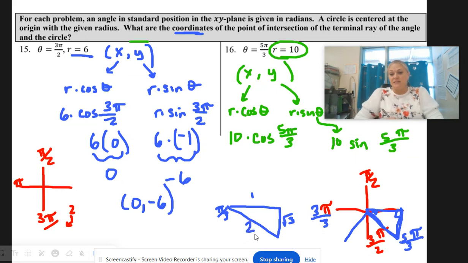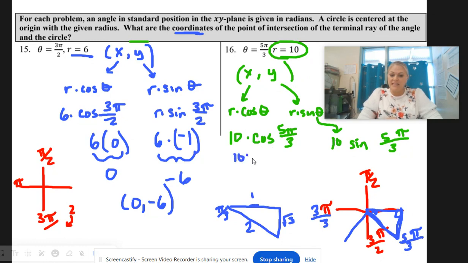Keep in mind, I know that the hypotenuse on a unit circle is 1. I know the radius of this circle is 10, but I'm just doing this for the ratios of the sine and cosine. Looking at cosine, it's adjacent over hypotenuse, so I'm going to have 1/2.